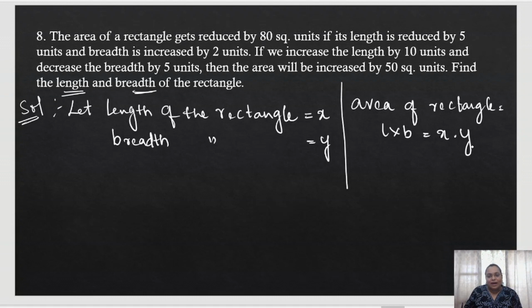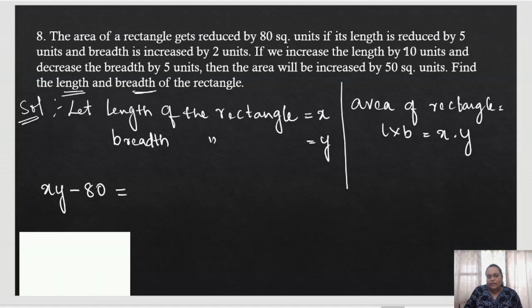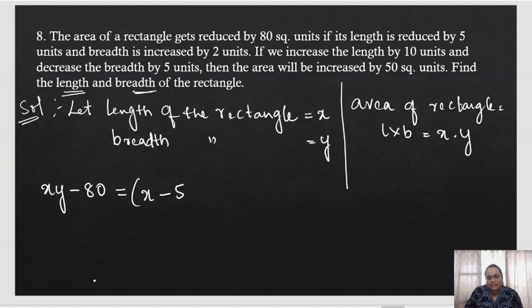That is, xy gets reduced by 80, so xy minus 80 is equal to... If its length is reduced by 5 units, the length x is reduced by 5, and the breadth y is increased by 2 units.